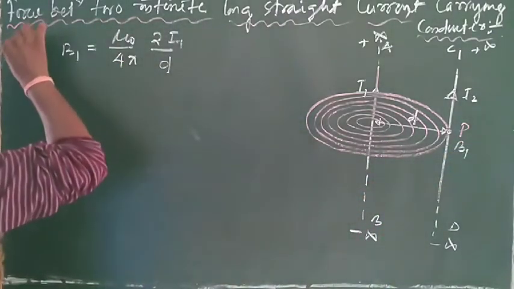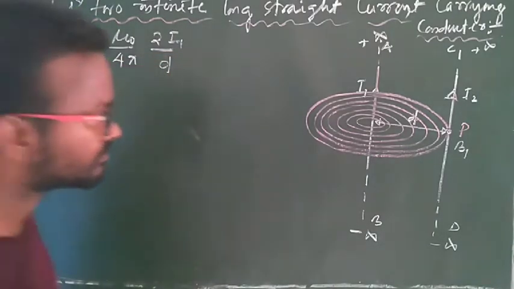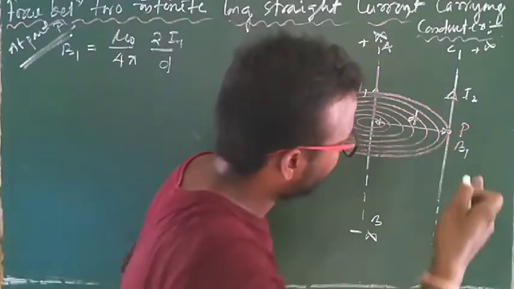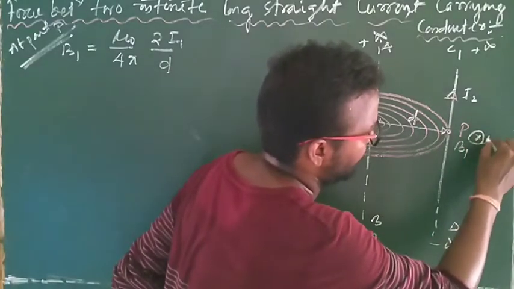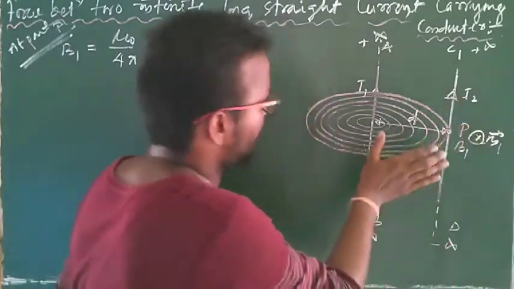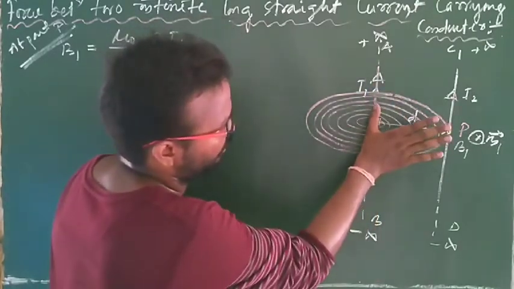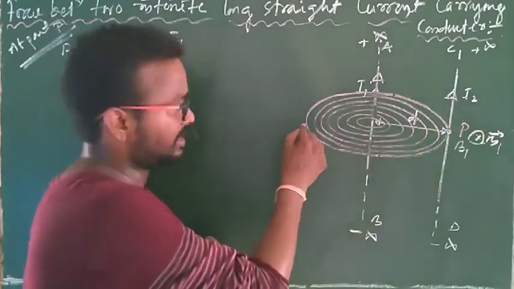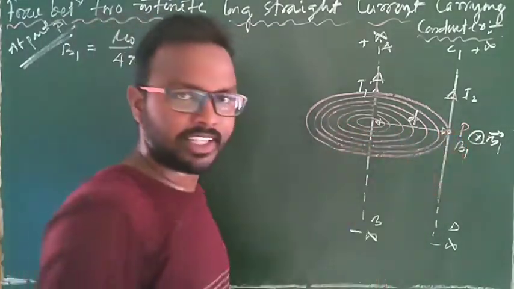Clear? At point P, this is B1. Now you have to imagine that the direction of the magnetic field B1 is inward. If you use the right hand thumb rule, this is the direction of current, and at point P the direction of the magnetic field is inward, while in other places it is outward.